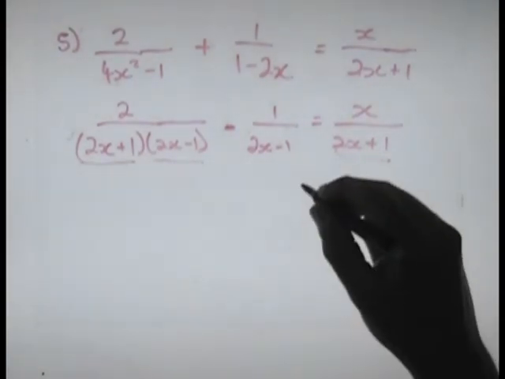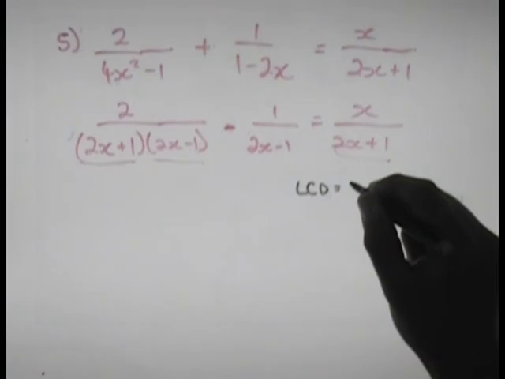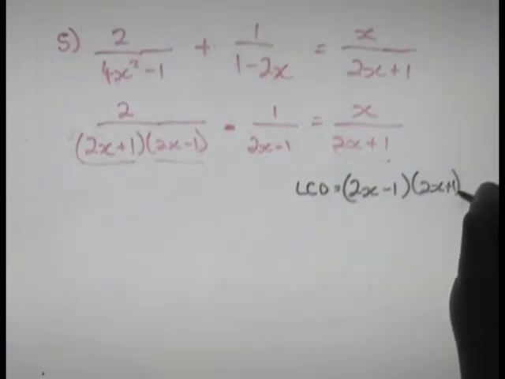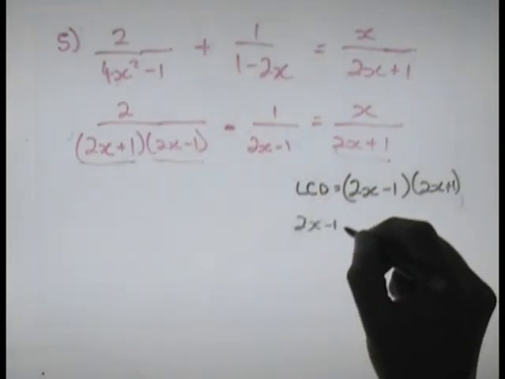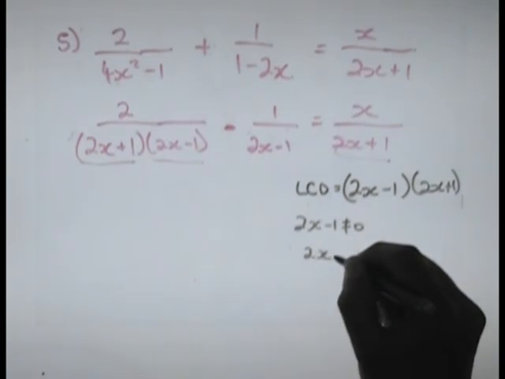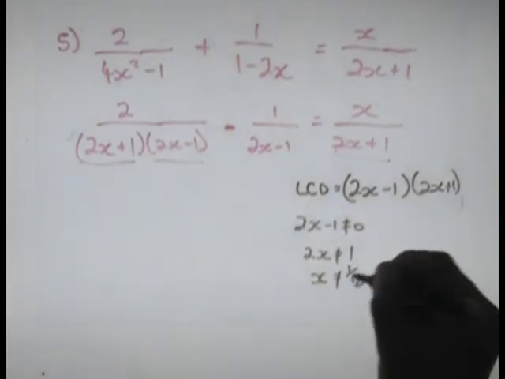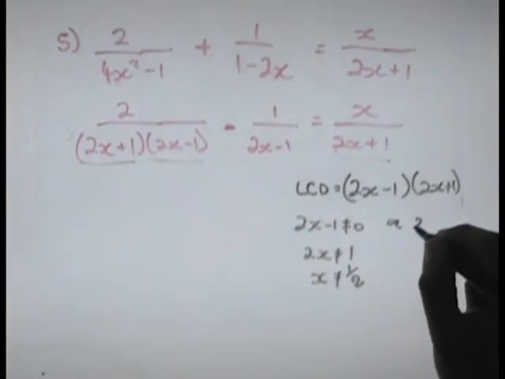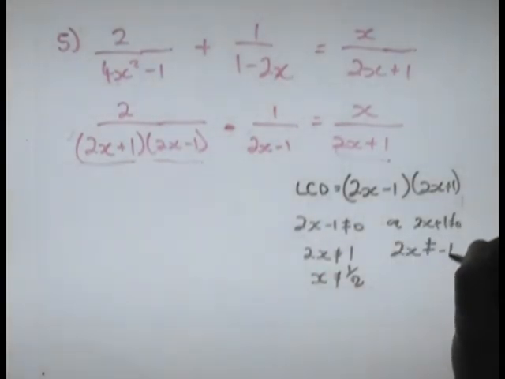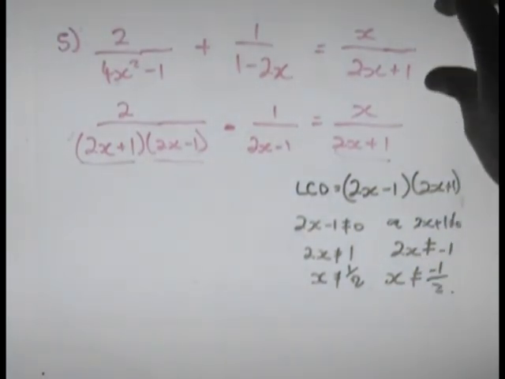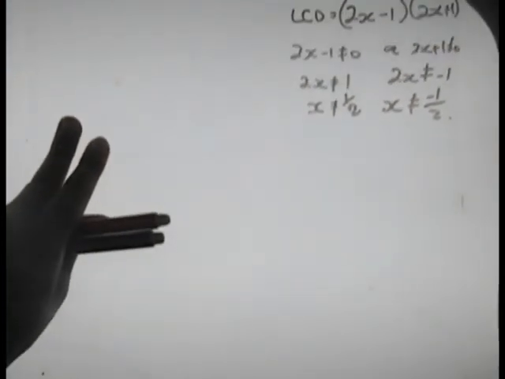My LCD is going to be given by 2x minus 1 multiplied by 2x plus 1, which means that 2x minus 1 cannot equal 0, 2x cannot equal 1, x cannot equal 1 over 2. Or 2x plus 1 cannot equal 0. That means that 2x cannot equal negative 1, x cannot equal negative 1 over 2. These are our restrictions or our asymptotes. Please keep that in mind.